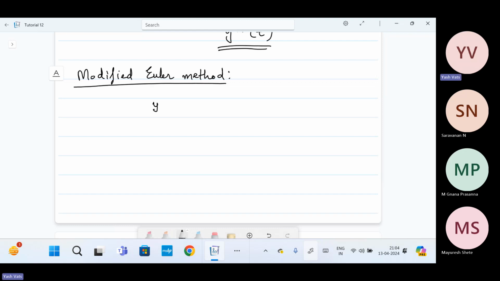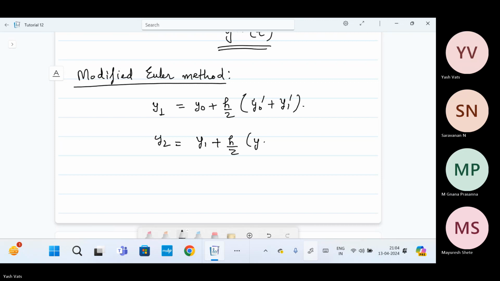The modified Euler method is: you calculate the first value y1 as y0 plus h by 2 times (f(x0, y0) plus f(x1, y1)), that is y0' plus y1'. Then y2 is y1 plus h by 2 times (y1' plus y2').